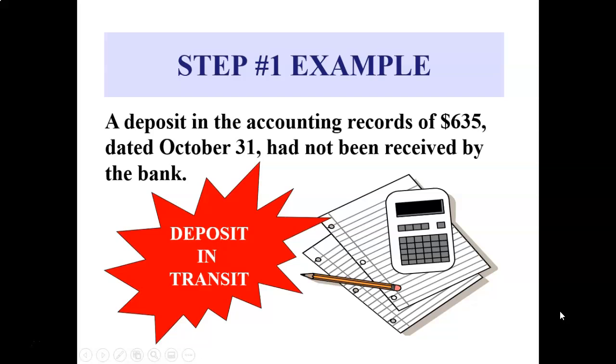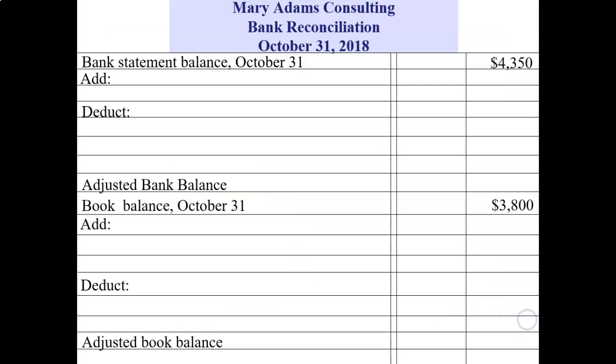It's a deposit, it's cash that was debited or received into our records. The books know about it. The bank statement, at least, does not know about it, so it needs to go on the bank side of the bank rec. And, of course, because it's a deposit, it will need to be added.